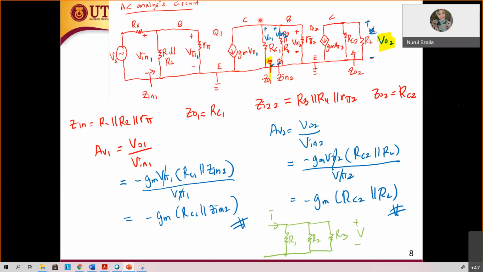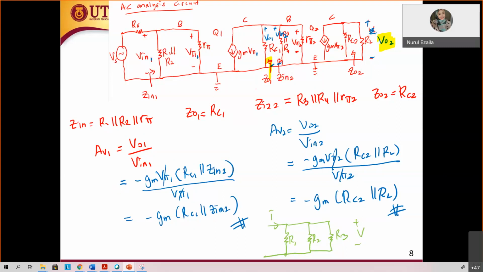So in this case, if you want to find V out 1, what are the resistors across V out 1? Not only RC1, you also have the same node over here, R3 parallel with R4, parallel with R pi 2, which is equal to the Z in. Therefore, for V out 1, you have to parallel all the resistors across the node.